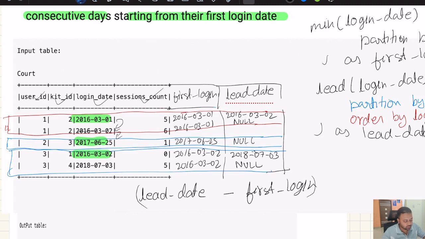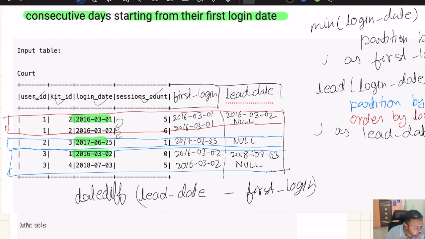There is one function which is known as datediff in PySpark, or even in SQL it is there. MySQL will have some different function names, Postgres will have different function names, right? So if we do this, then what will we get? We will get the correct result, because if we do the minus of this, then it will be 1, right?